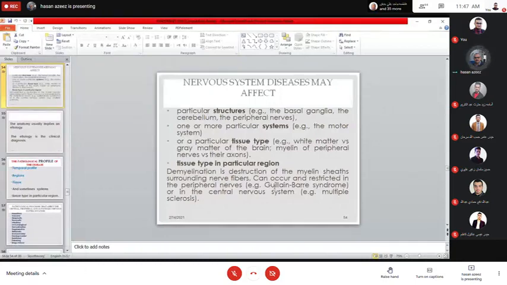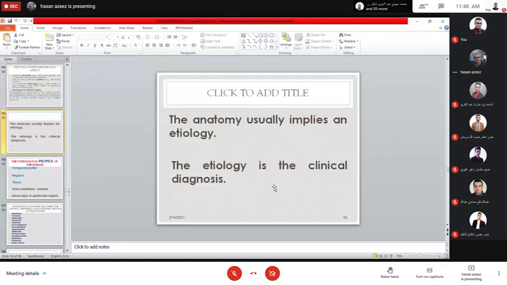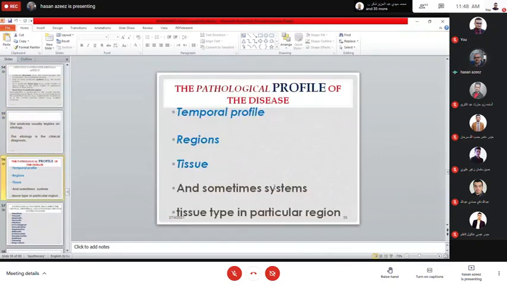A patient has axonal degeneration, another has demyelination of the peripheral nerve. The anatomy usually implies the etiology. The etiology is the clinical diagnosis.